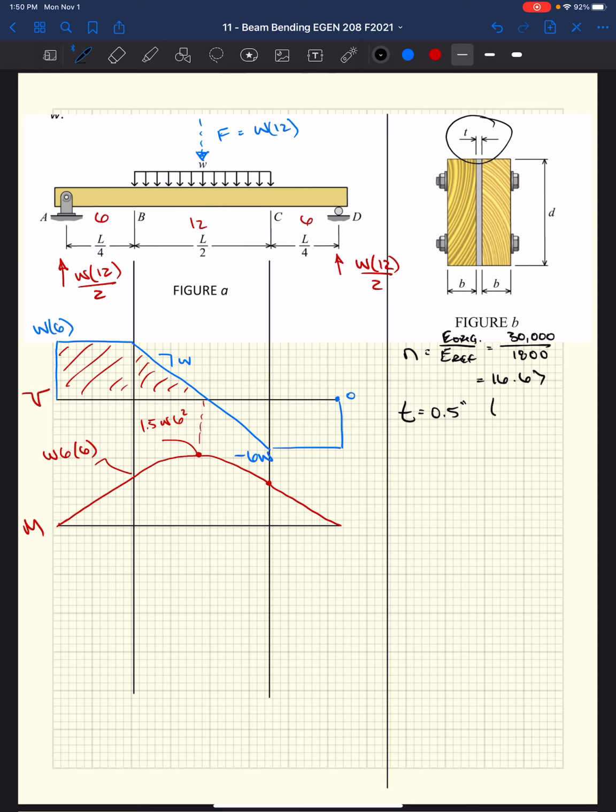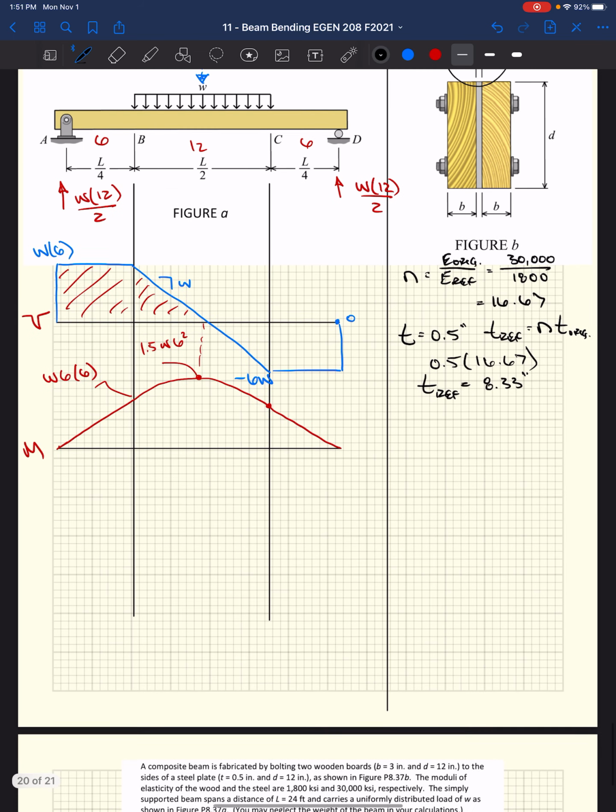So now we're going to change it into T reference, or thickness in the wood, is N times the original. So we get 0.5 times 16.67, or T reference equal to 8.33 inches, okay?